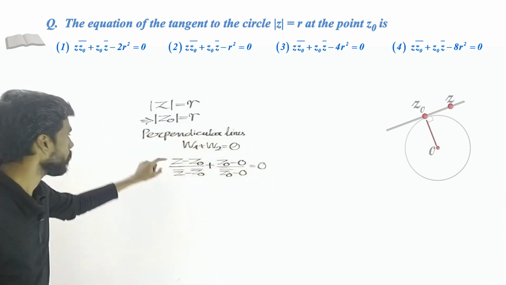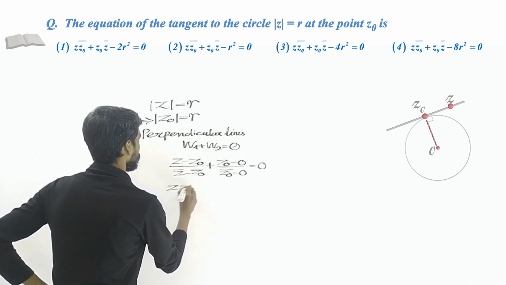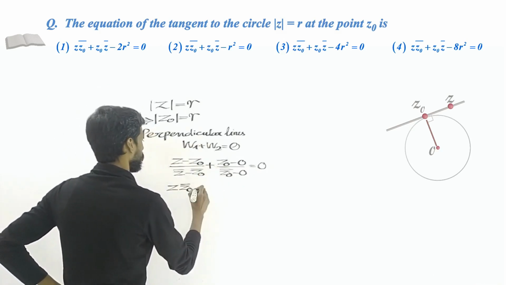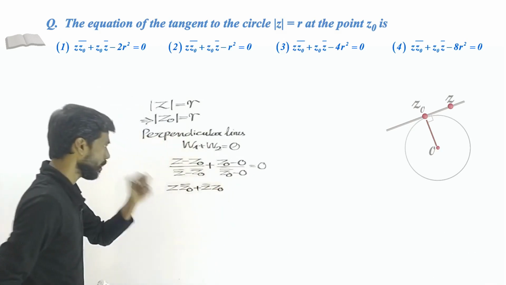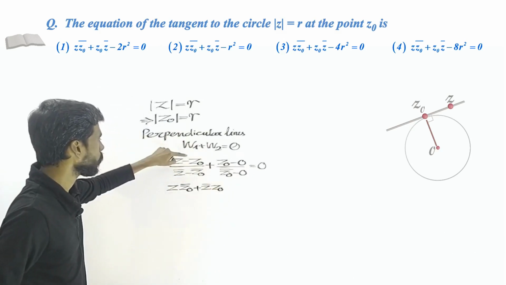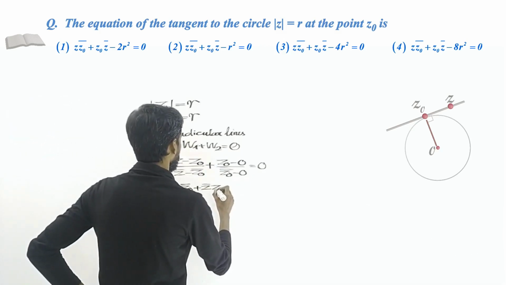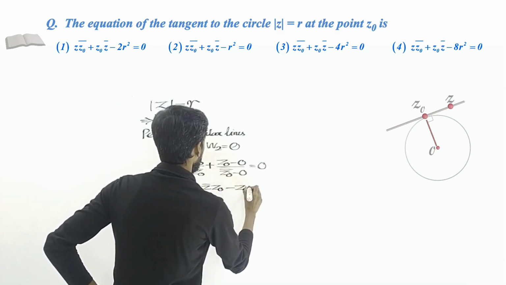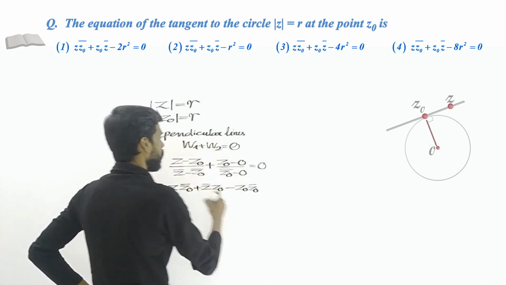That's all, we have to simply multiply. So z multiplied by z0 bar, and then here we multiply plus z bar z0, and then we get minus of z0. So what do you get? Cross multiply. So this is minus z0 bar.